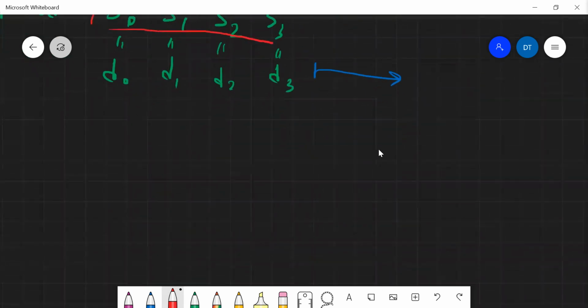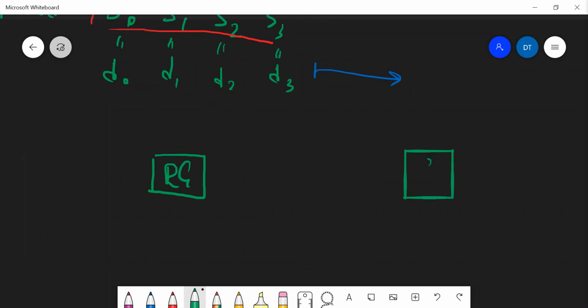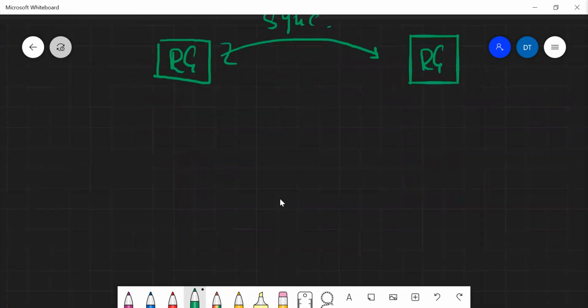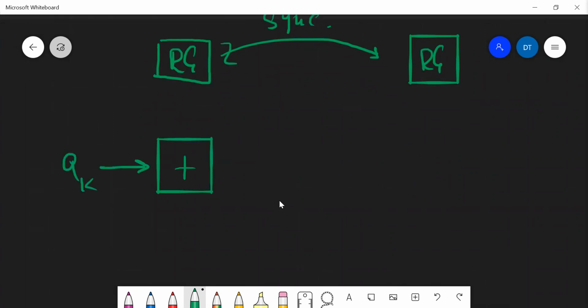So let me show you how this is done. You have some kind of random generator. You need to have 2 different random generators, and they must be synchronized. Then you have a block which adds bits together, and you send the kth bit here.